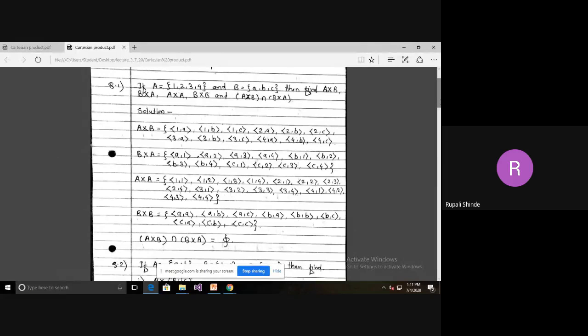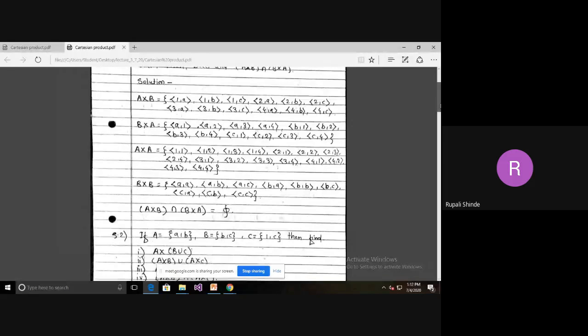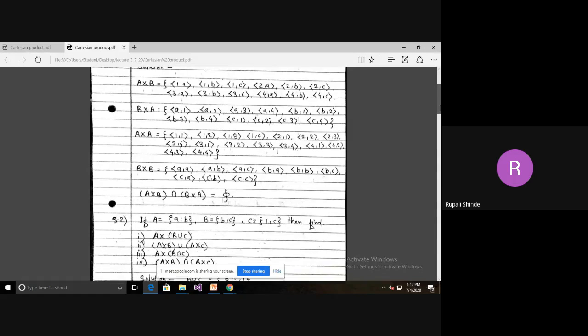Suppose there are two sets A and B, then for every ordered pair x comma y, x must belong to set A and y must belong to set B. Then the set of such ordered pairs x comma y is called the Cartesian product of A and B. Last time we have seen that.